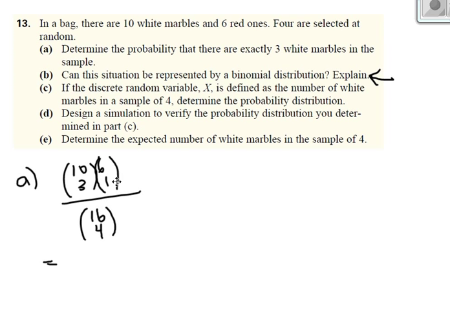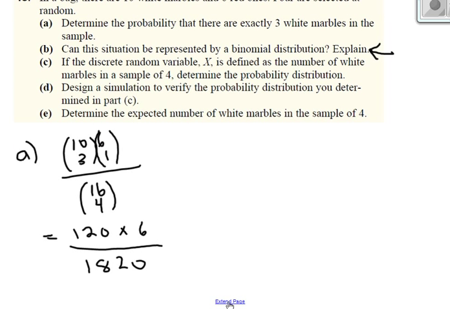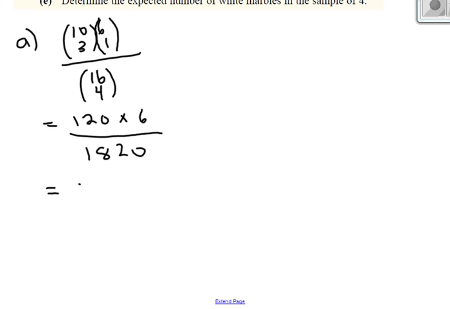Let's see what happens. So 10 choose 3 is 120. So I'm going to do in the numerator 120 times 6. 16 choose 4 is 1,820. And then calculating that out, we get 720 over 1820.